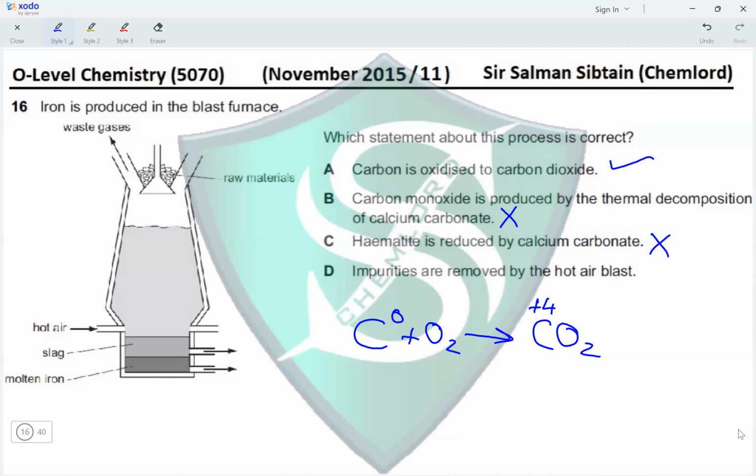The hot air blast is there to cool the content, and obviously provide enough oxygen and the heat for oxidation to occur. So this eliminates all the other options other than carbon is oxidized to carbon dioxide, making option A the correct option for this question.